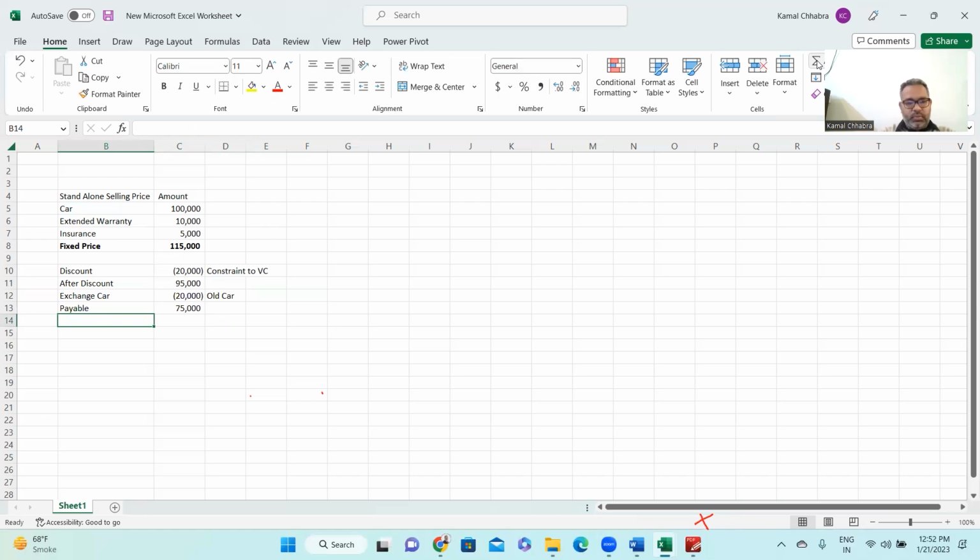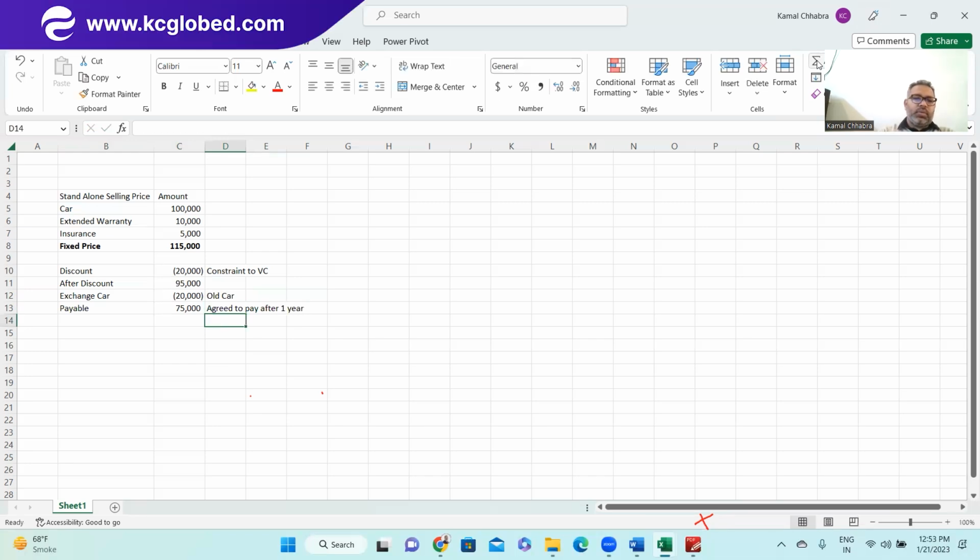Agreed to pay after 1 year. So what is finance income? Let's assume 75,000 and let's say interest is 5%.